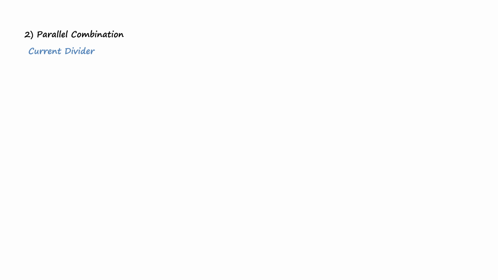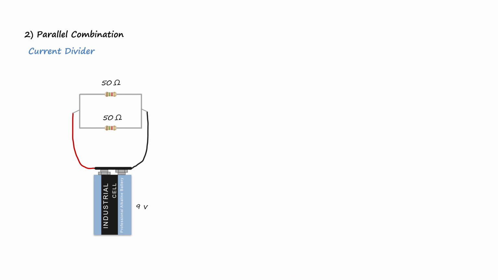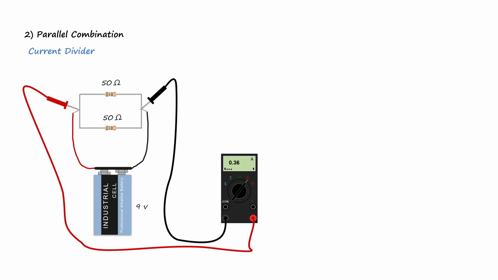So, this means if we have two 50 ohms resistors connected in parallel and which is connected to a 9-volt battery, and when we measure at the battery terminal, we get what? We get 0.36 amperes, right?